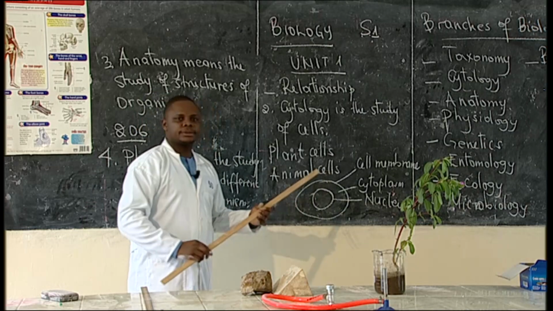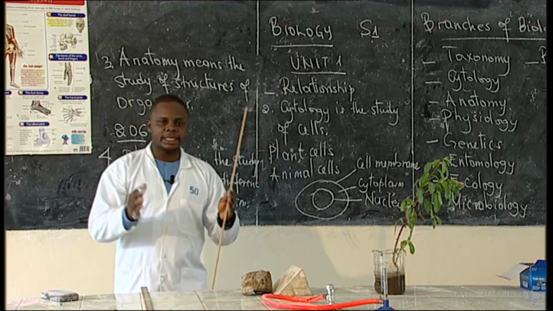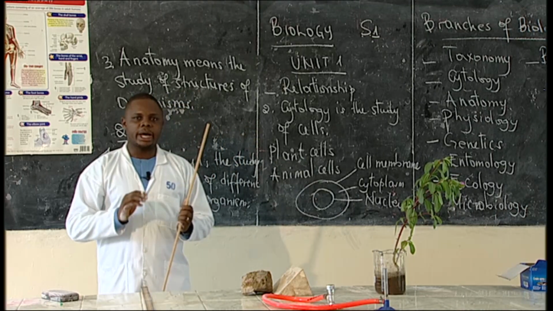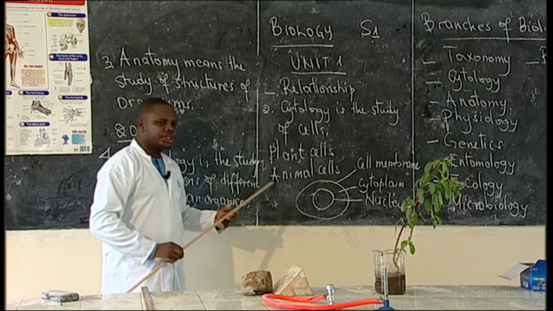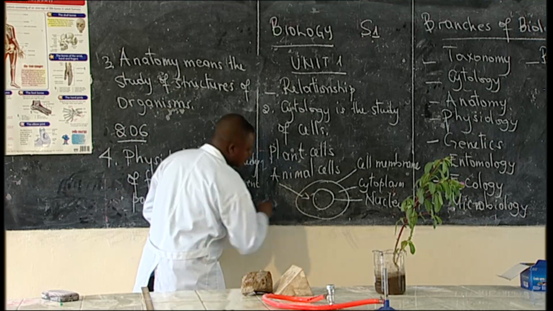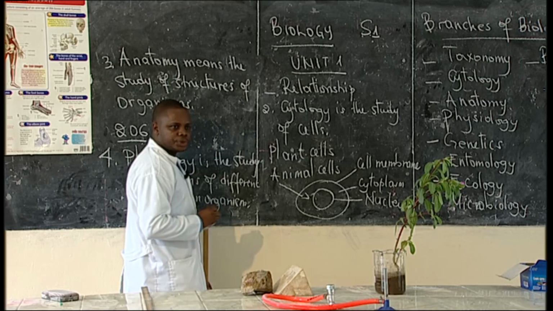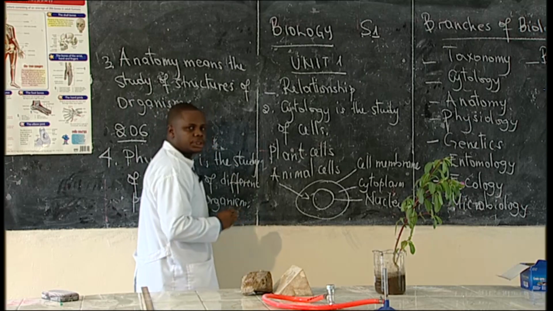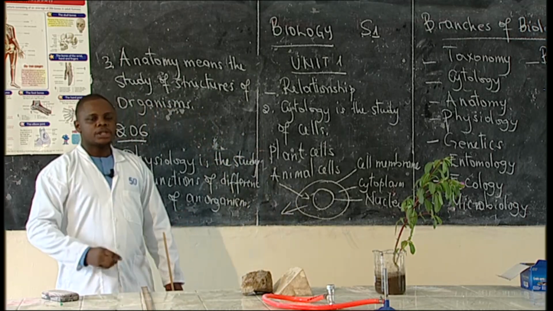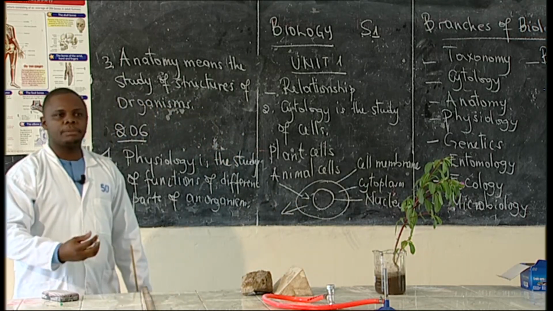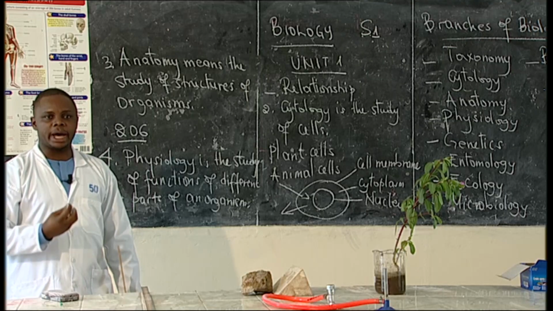Cell membrane. Cell membrane protects the internal parts of the cell. It also allows materials to go inside the cell, those which are useful, and the ones which are not useful, they go outside. So with physiology, we talk about functions of different parts.